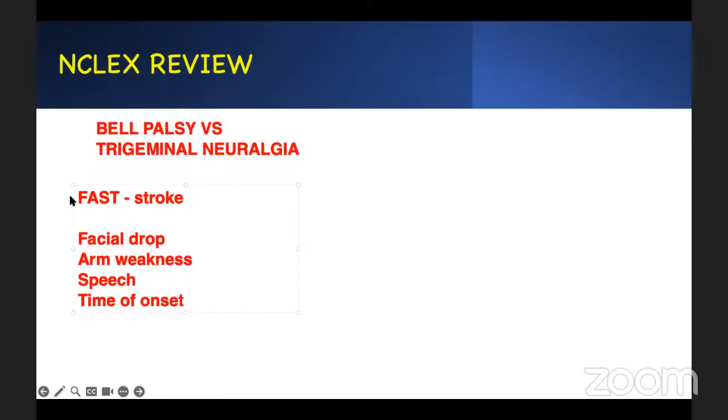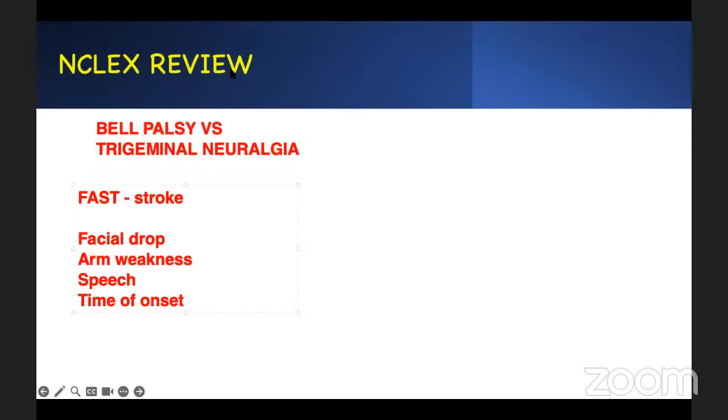In the case or whatever question they ask you, they will be giving you clues, like I call them buzzwords, that they're talking more about stroke. Somebody coming with facial droop, acute onset of arm weakness and other things. You know that they're trying to move you towards something more dangerous rather than Bell Palsy.